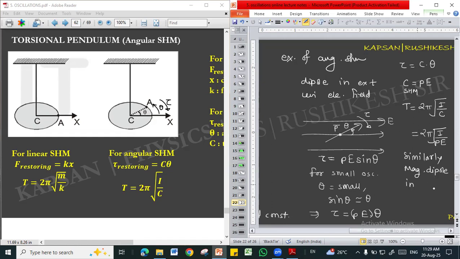In that case, time period will be equal to how much? 2 pi root of I upon M. No, not M, B. 2 pi into root of I upon MB. Just like PE: electric dipole moment into electric field, magnetic dipole moment into magnetic field. I think we have used this formula already also. Yes or no?